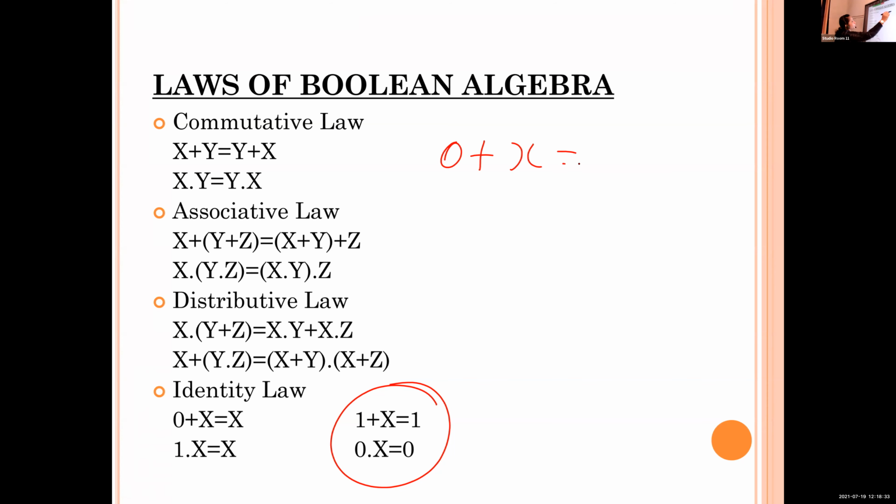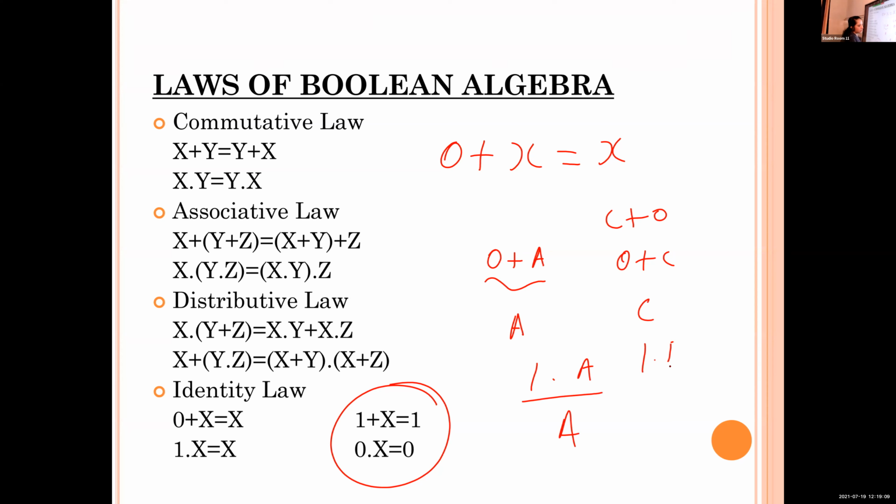plus X is equal to X. You want to learn this by heart: 0 plus X is X. In any Boolean expression, if there is an expression like 0 plus A, we can simplify this term as A. If there is a term like 0 plus C or C plus 0, we can write it as C. In the same way, if it is 1 into A, we can write this term as A. If it is 1 into B, the result is B, because based on the identity rule, 1 into X is X. X is not common to all Boolean variables.